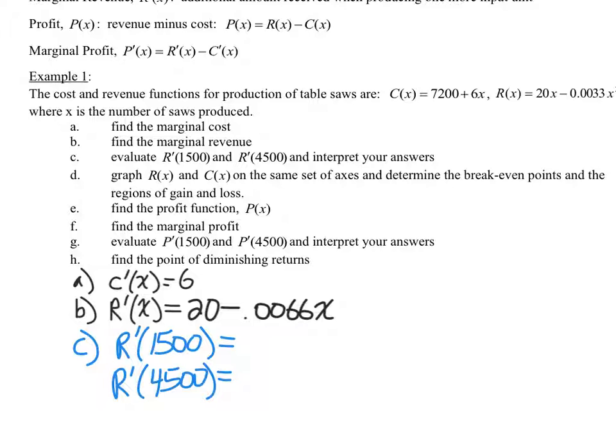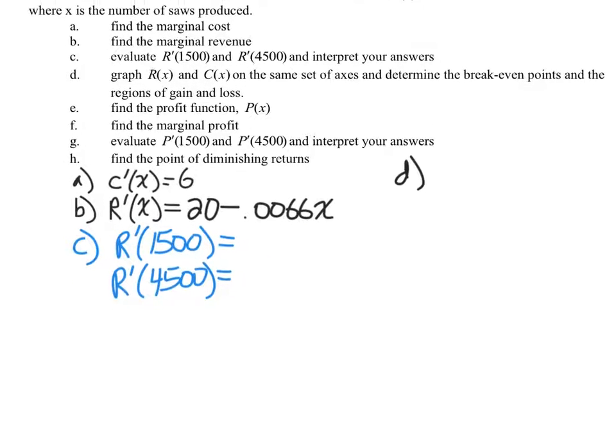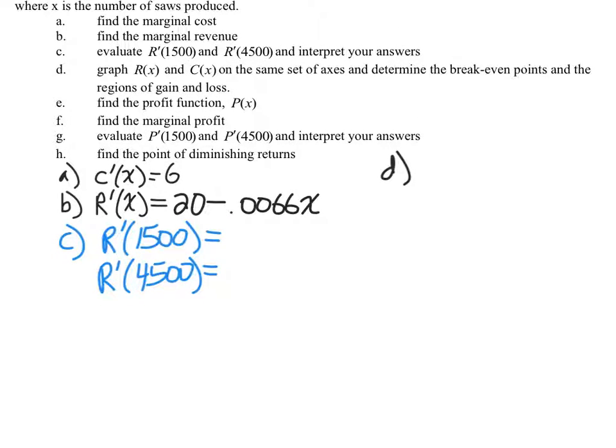E is asking us to come up with a profit function. Well, that's nothing new. And I'll just put D over here because I'm going to create a graph. So E is going to be P of x. The relationship between revenue and cost is such that if you subtract the two, revenue minus cost would give you profit.